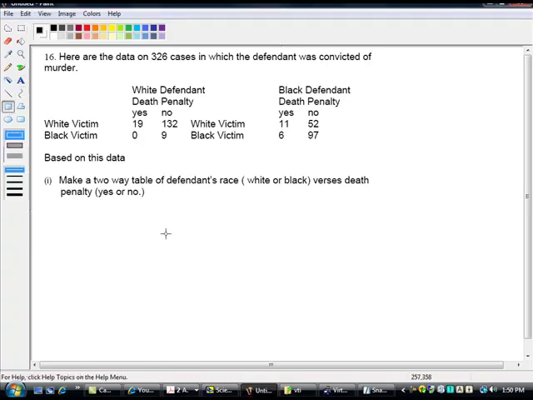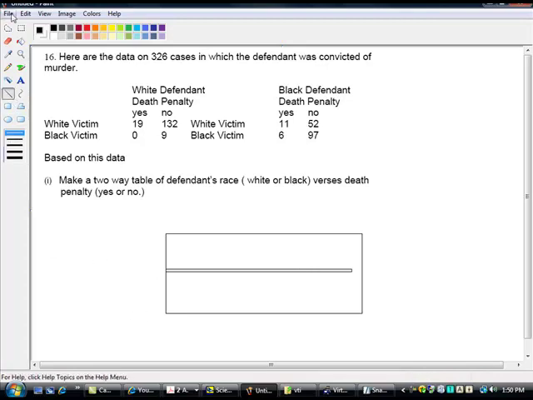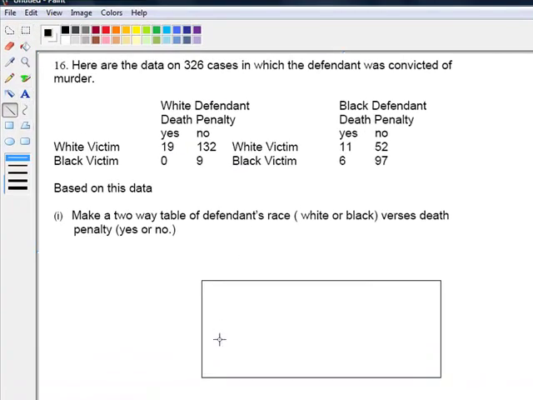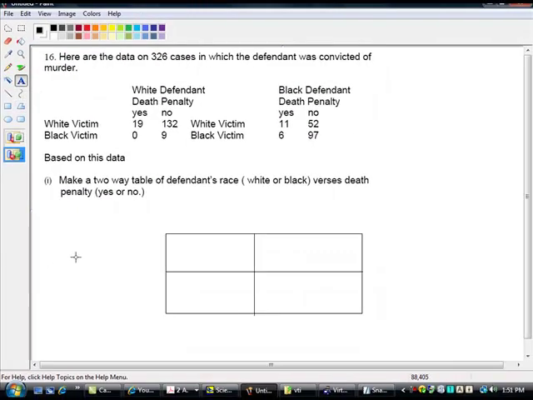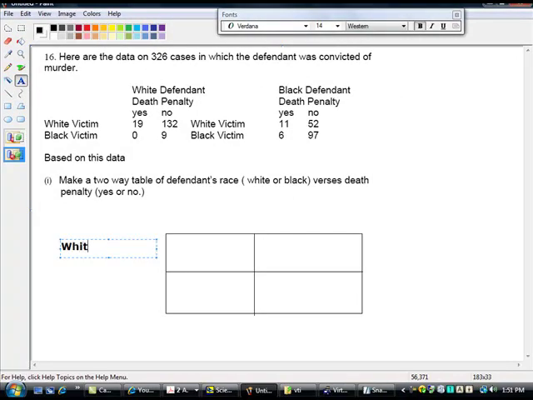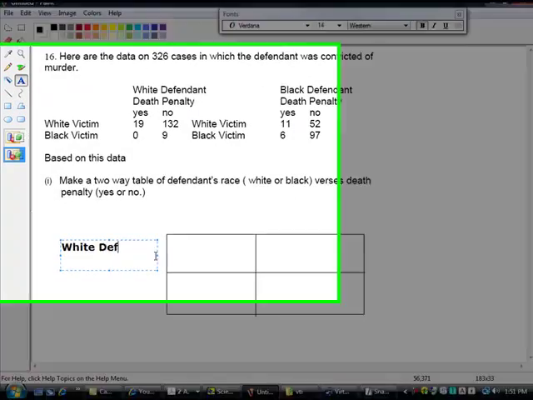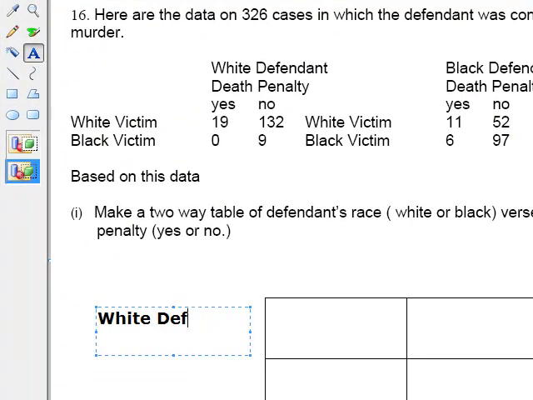So they are saying defendant's race, right? So we will write white defendant, okay?